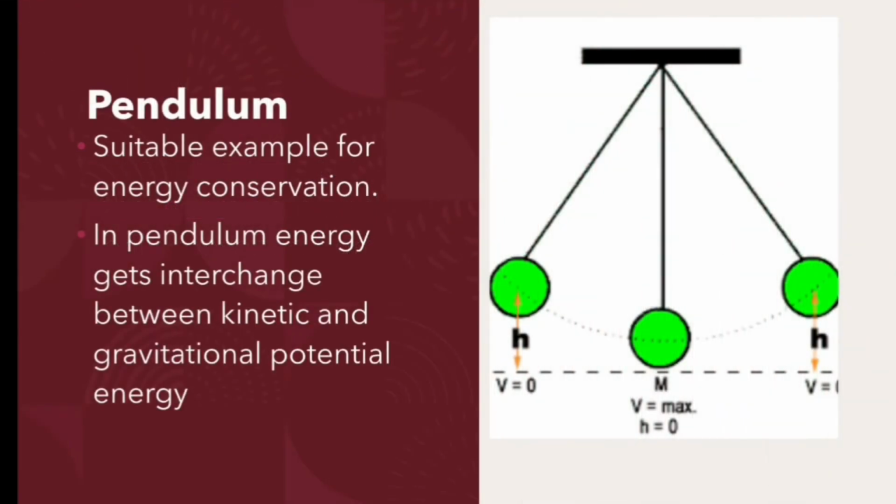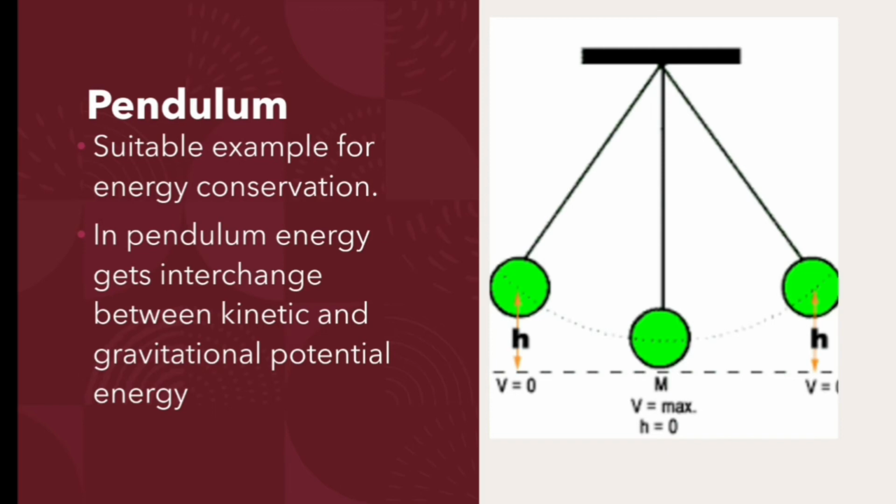Pendulum is a suitable example for energy conservation. In a pendulum, energy gets interchanged between kinetic and potential energy. When the pendulum is at the mean position, it has kinetic energy, and when the pendulum reaches the extreme position, it has gravitational potential energy.